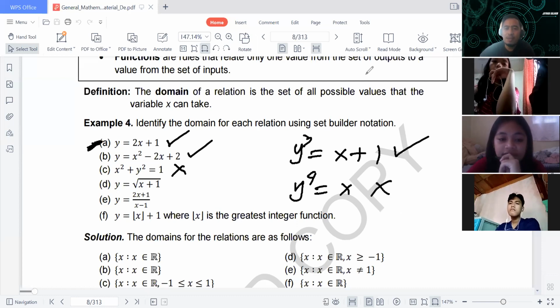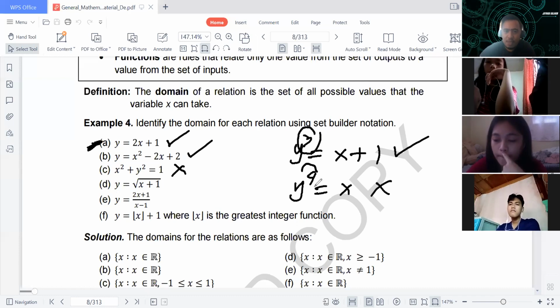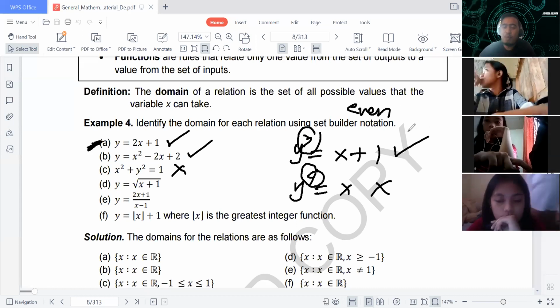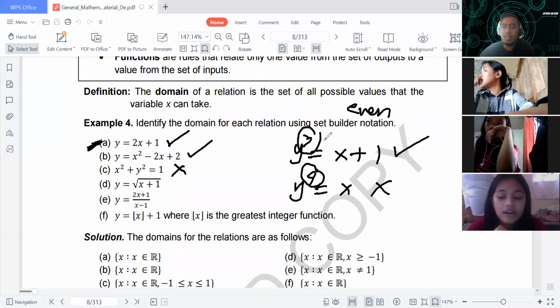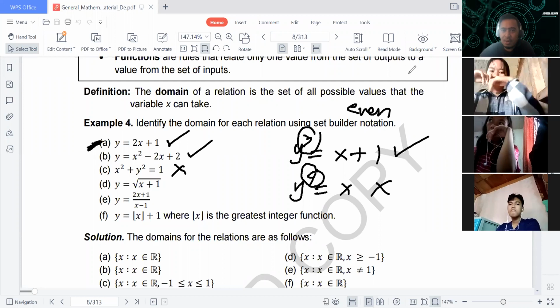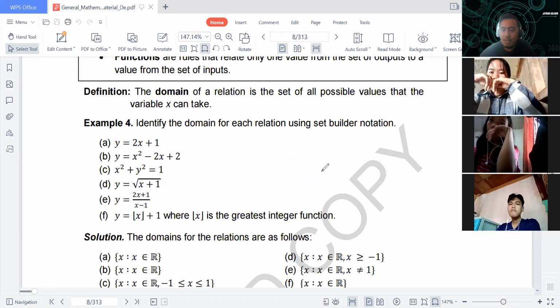Look at the exponent of y. If the exponent of y is even, it is not a function, but if the exponent of y is odd, that is a function. Understood? Clear? Everyone? Yes, sir.